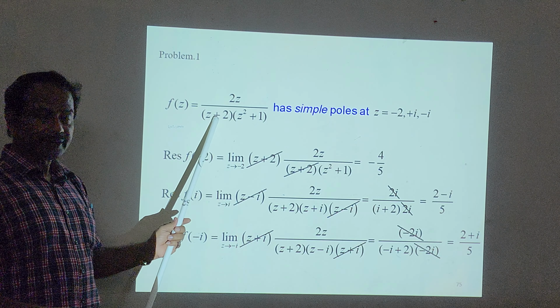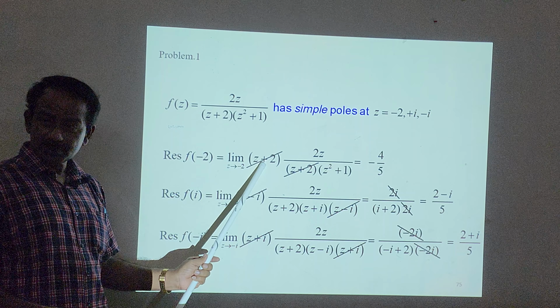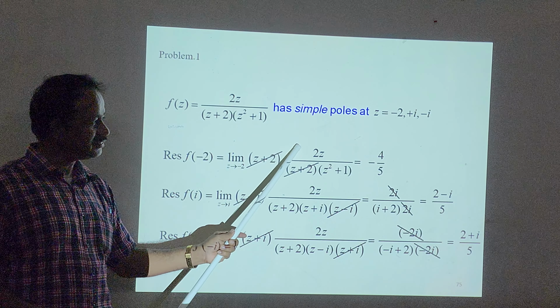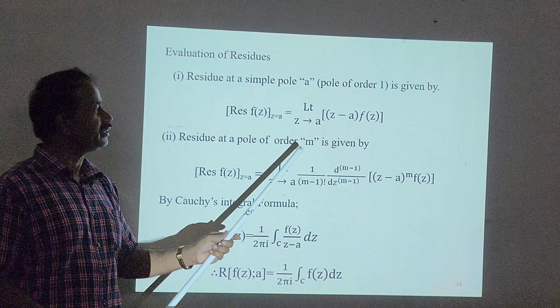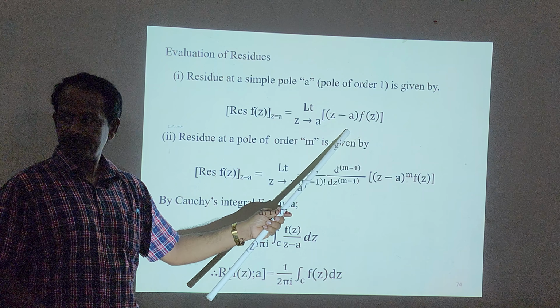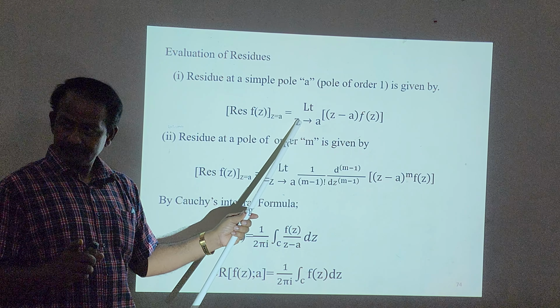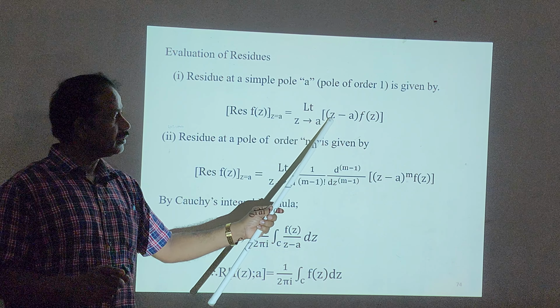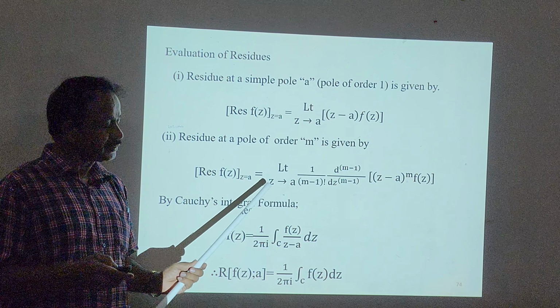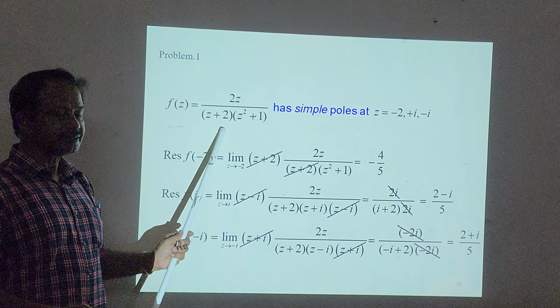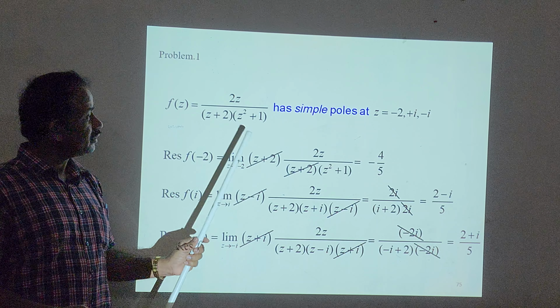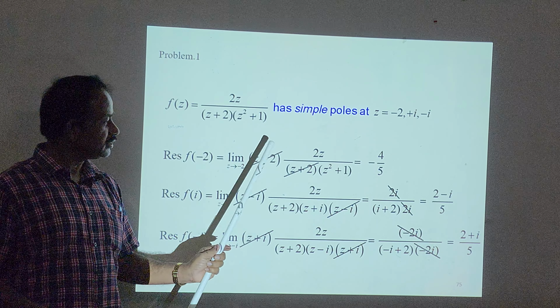What is z minus a? It is z plus 2. What is f of z? This is f of z. You substitute in the formula, for the simple pole of order 1. You substitute z minus a as z plus 2, and this is your f of z. You just cancel these two.